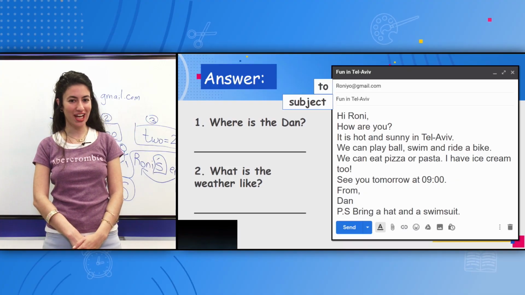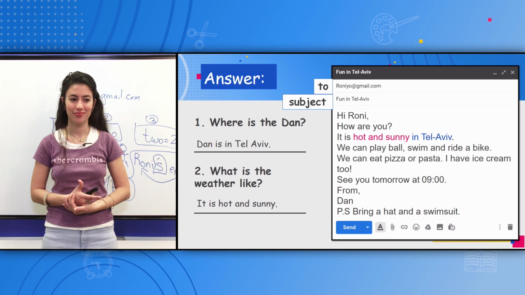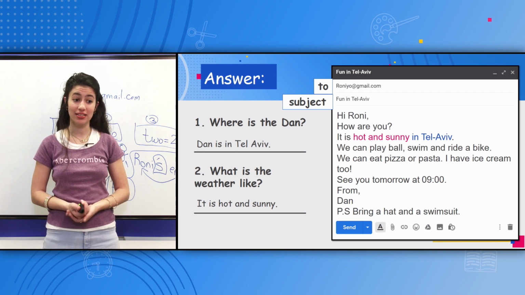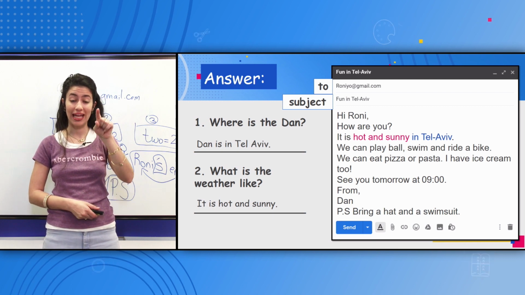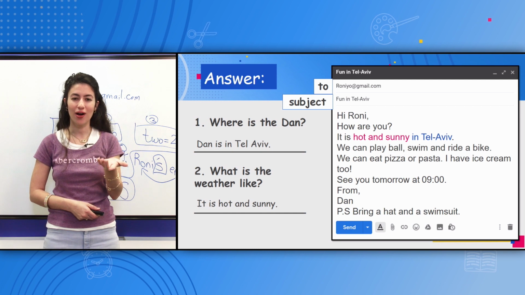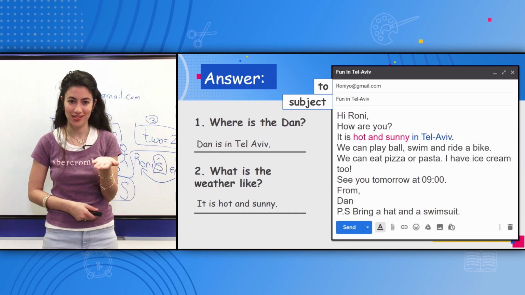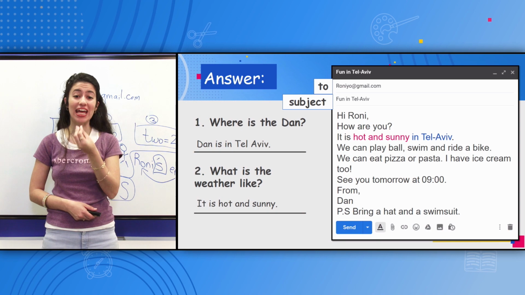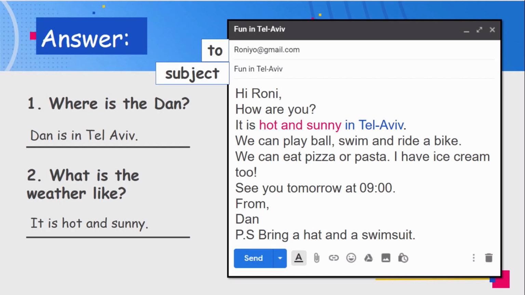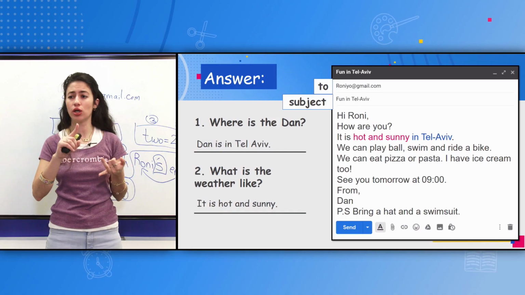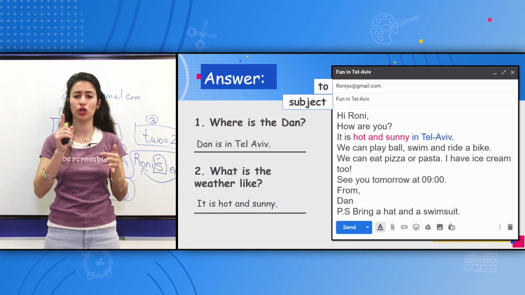So, let's check it. Where is Dan? Dan is in Tel Aviv, right? Look at it, in Tel Aviv. Now, how would you know where he is? Tel Aviv is the name of a city. I want to remind you, city means Holon, Tel Aviv, Ashdod, Ashkelon.